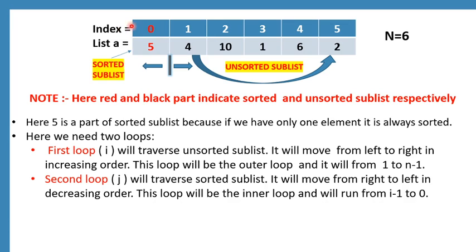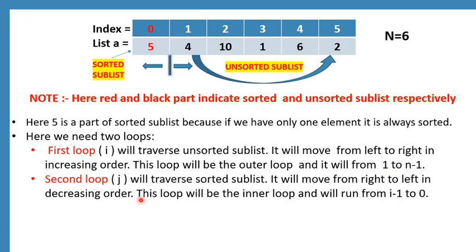Index 0, then index minus 1, then index minus 2, then index minus 3, which means the second loop will go from right to left in decreasing order. So it will start from i minus 1 and always go to index 0. Why i minus 1? That we will discuss in our later example.